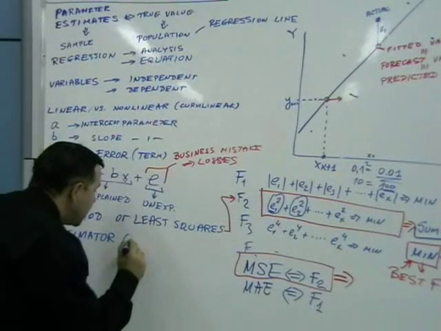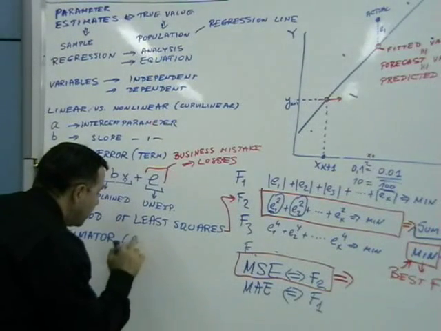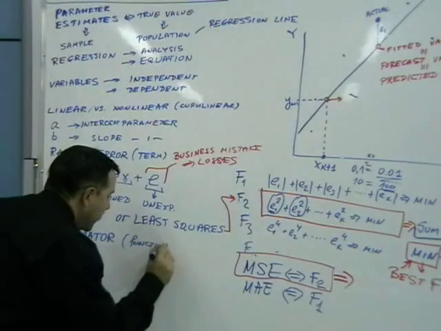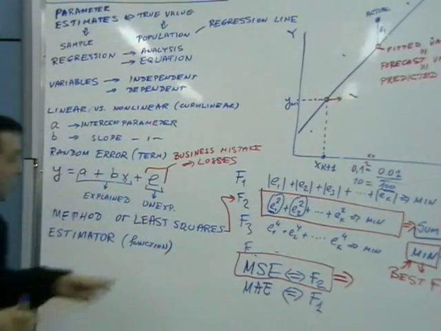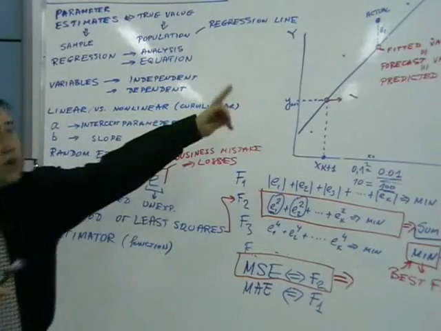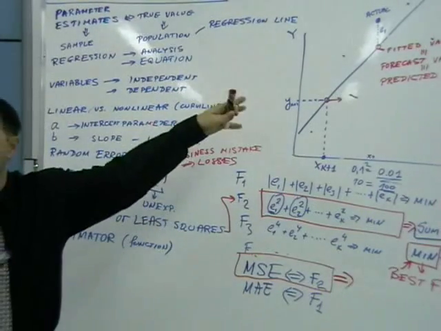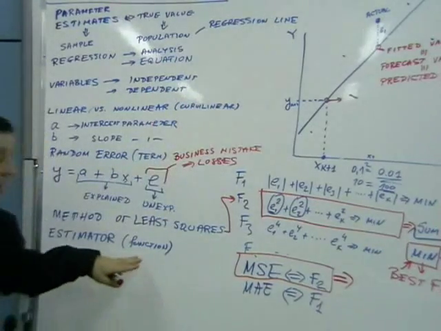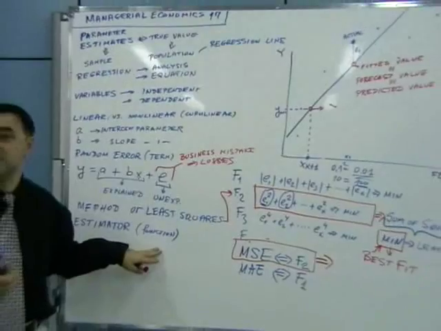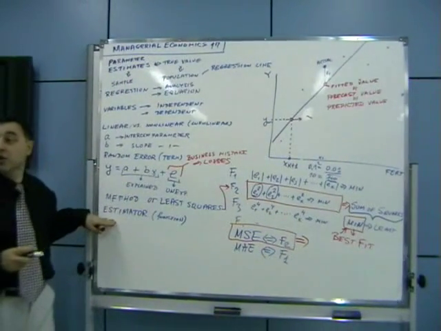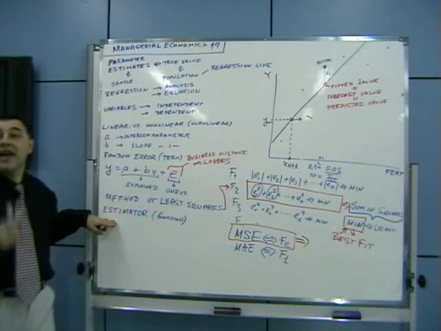The estimator is actually a function, based entirely on the observations x1, x2, x3, and y1, y2, y3. When you substitute the observations into the function, you get the estimate.